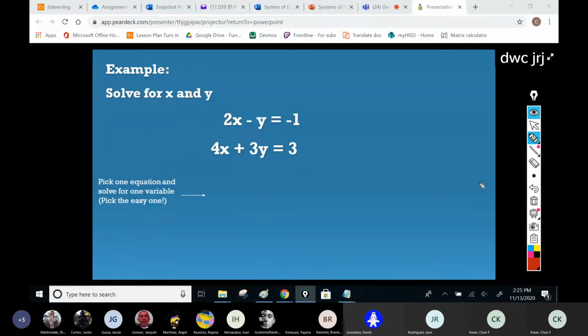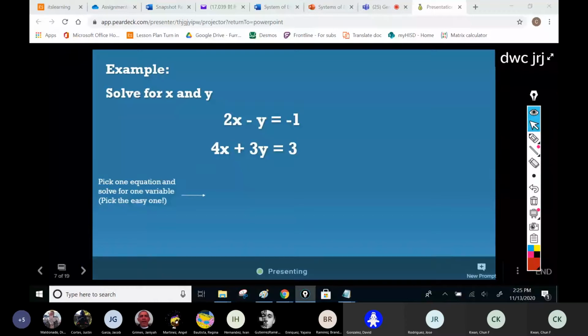All right. So can you guys help me out? I have to pick one equation out of the two and solve for one variable. So which equation should I pick and which variable should I solve for? Can you guys give me some help? Type in the chat.